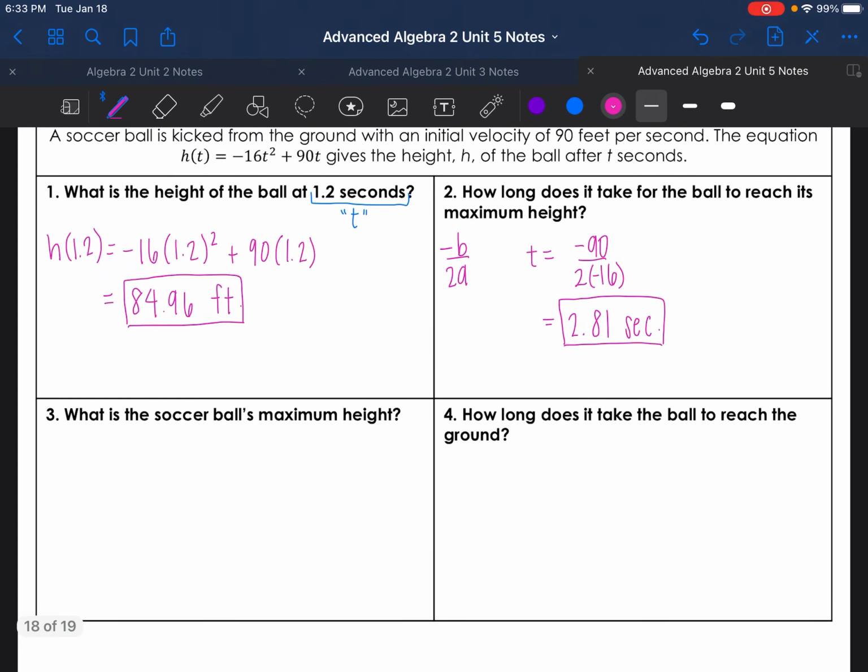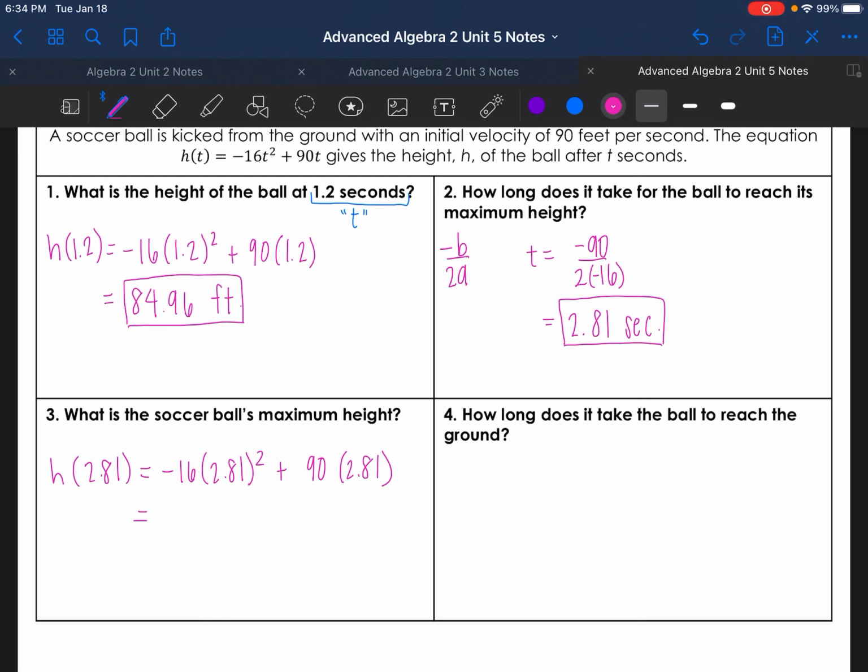Number 3, what is the soccer ball's maximum height? So we're going to take that 2.81 and plug it back in. So h of 2.81 equals negative 16 times 2.81 squared plus 90 times 2.81. If you want to be more precise, instead of using 2.81, use the entire decimal.